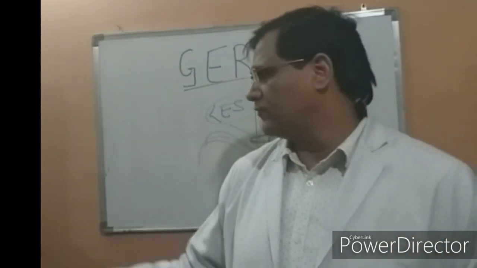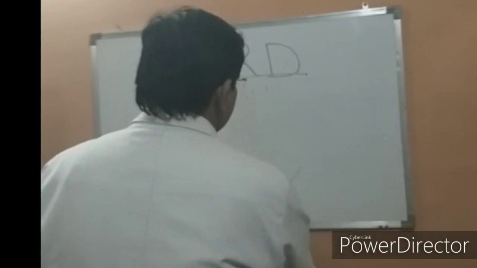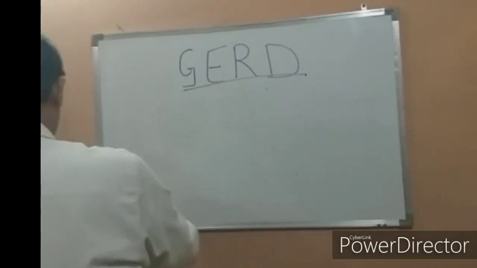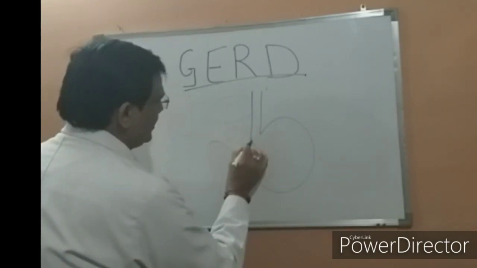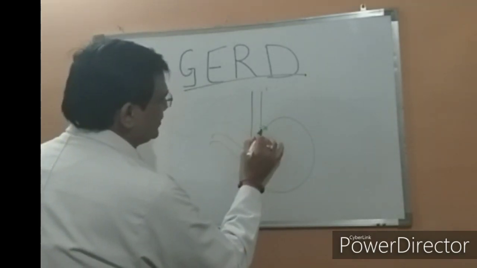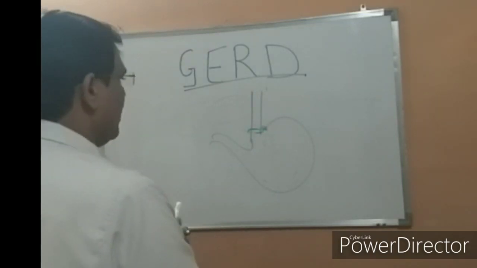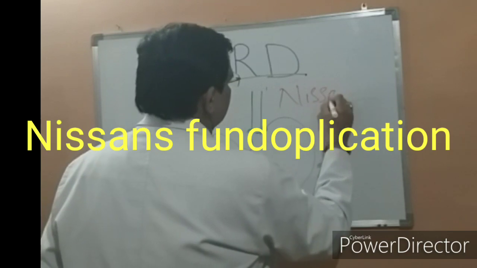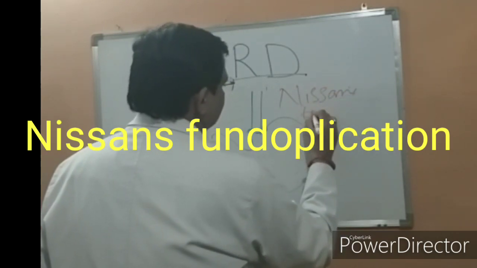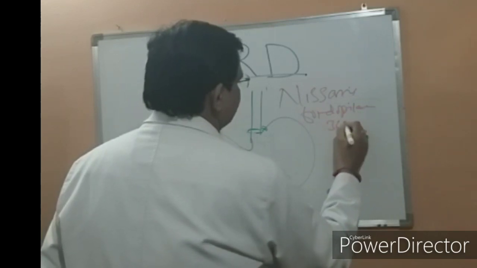If it is not resolved by the medicine, the other mode of treatment is surgery. So what actually do we do in the surgery? I already told you that there is the esophagus, and this one angle is there, and with loss of the angle the sphincter becomes loose. What we generally do is a surgery called Nissen's fundoplication, that is a 360-degree wrap.